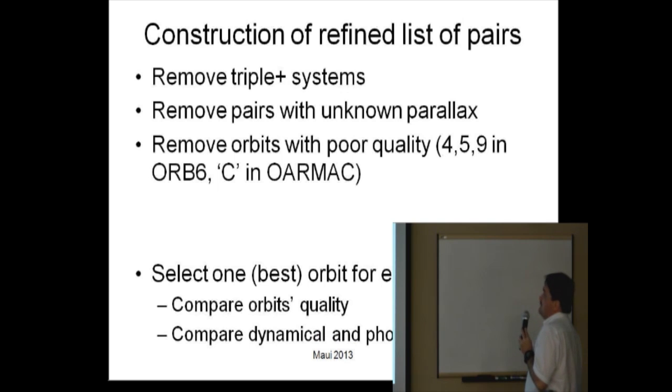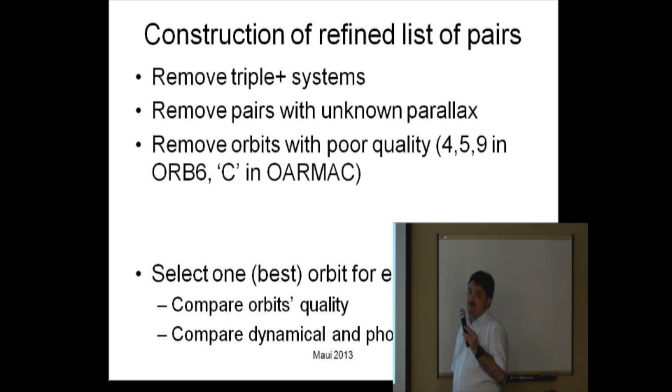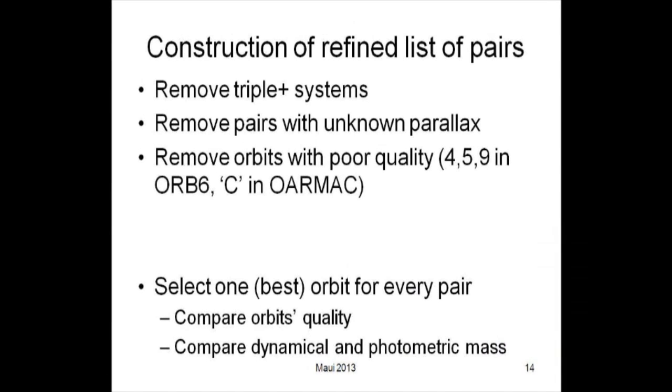First, we have removed triple systems and systems of high multiplicity to try to make our statistics as correct as possible. It should be statistics of binary systems. Then we have removed pairs with unknown parallax, and we have removed orbits with poor quality.